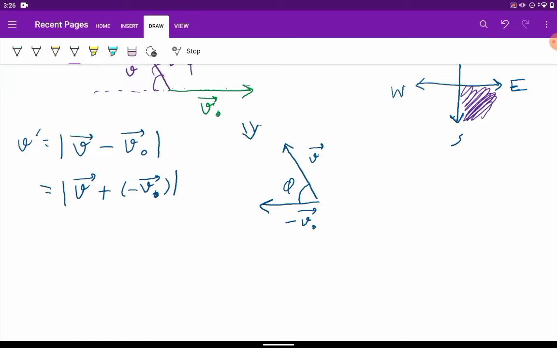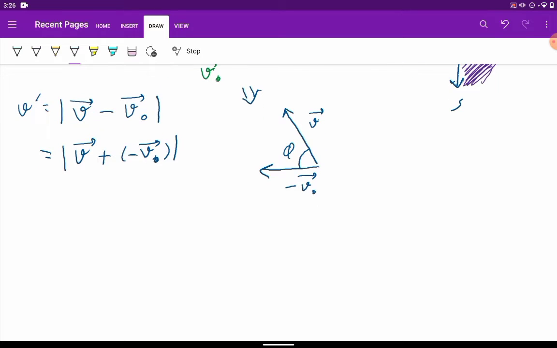There is a formula for vector addition, but I'll take the components of the vectors in two perpendicular directions, and the square root of the squares of the magnitudes in the two directions will give me the resultant magnitude.